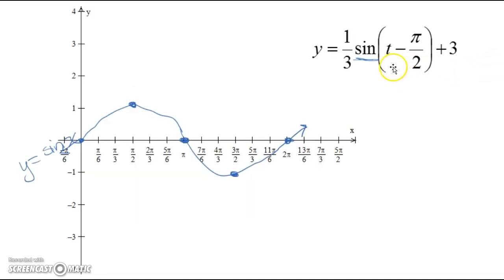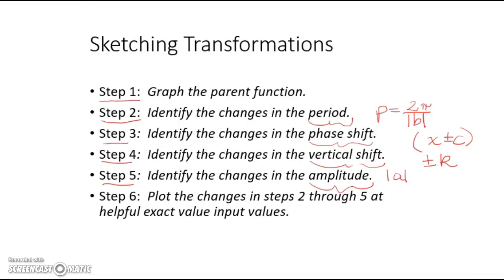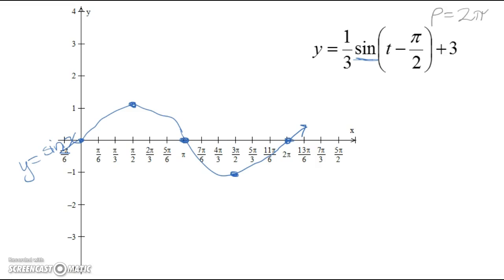Step 2 is to identify any period change that happens on this function, and we can see the coefficient to t. Here, this is the t-axis instead of the x-axis. The coefficient to t is 1, so the period is unchanged. It's 2 pi. Next, step 3, we're going to look for any phase shift. And we can see right here that all of those interesting points that we plotted are going to be shifted pi over 2 to the right.